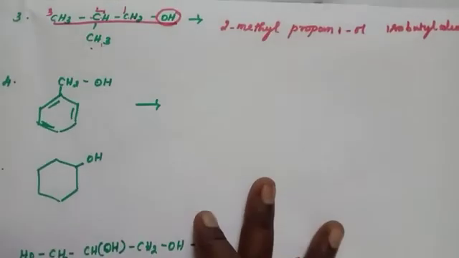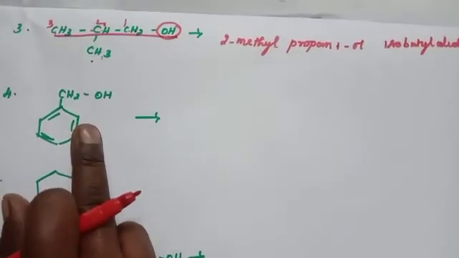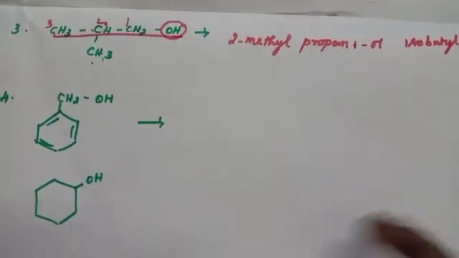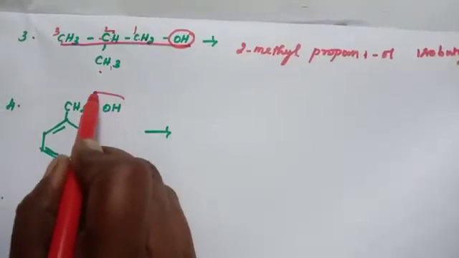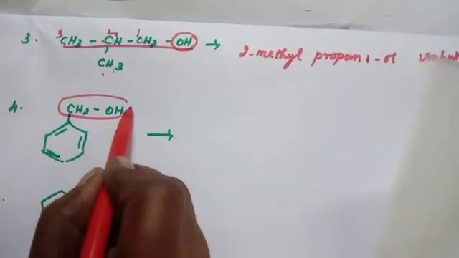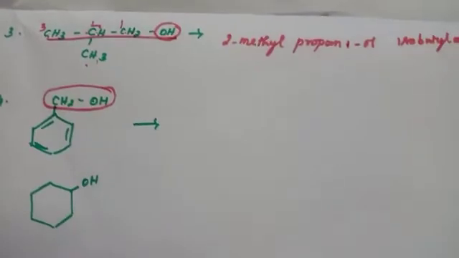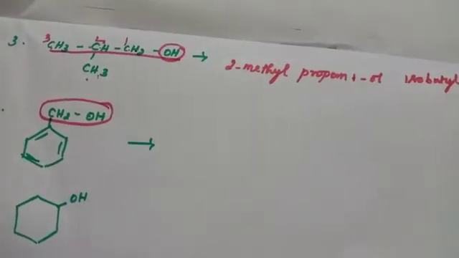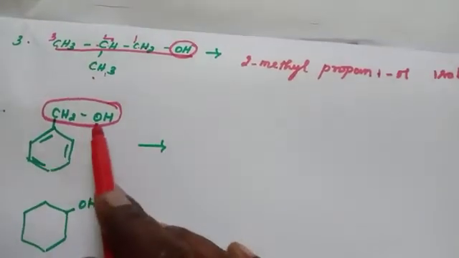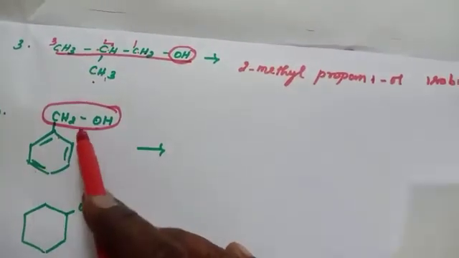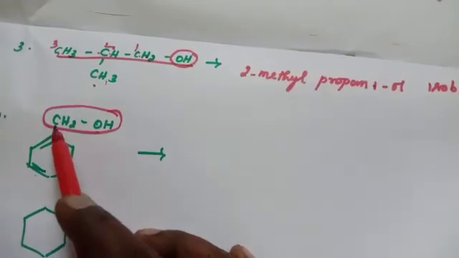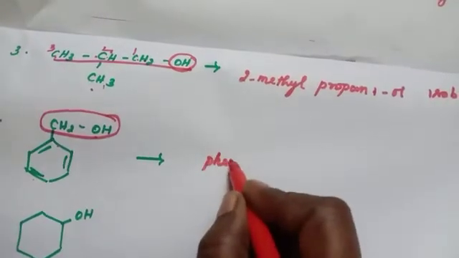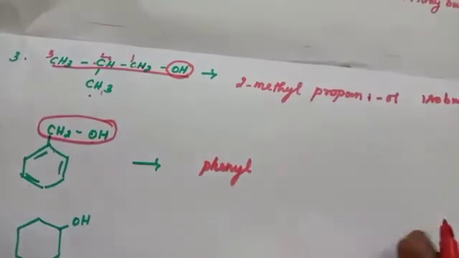The next one, come to this compound. Here this is the long chain we have to select, which contains the OH group. And to this chain, one substituent is attached. So first we give the prefix name phenyl.